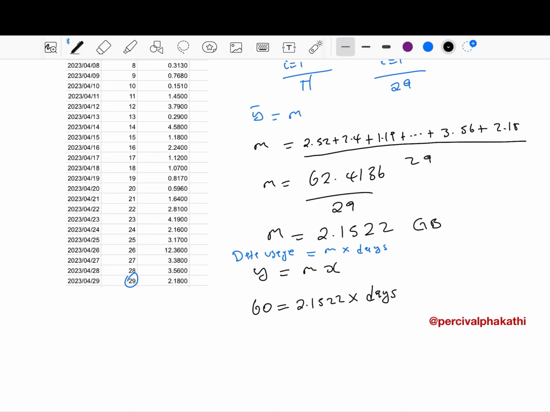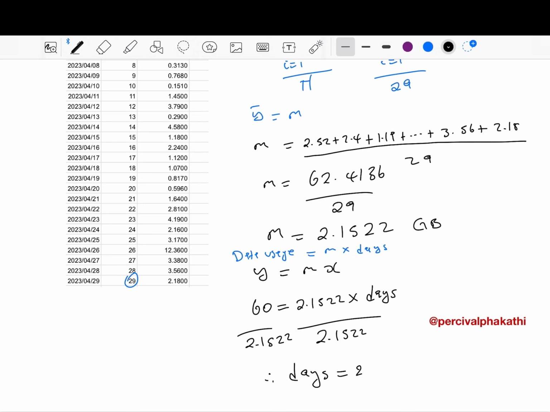That's what you're trying to figure out, when you're going to run out of 60 gigabytes. So then you're solving for days, so you can just divide by 2.1522 on both sides. So therefore, number of days is equal to, take your calculator and say 60 divided by 2.1522.